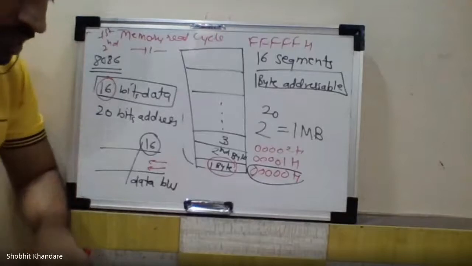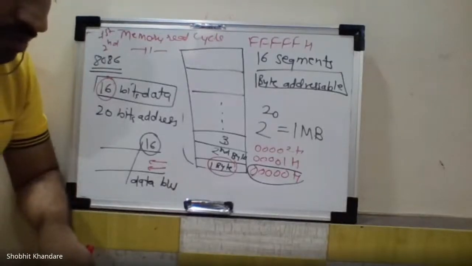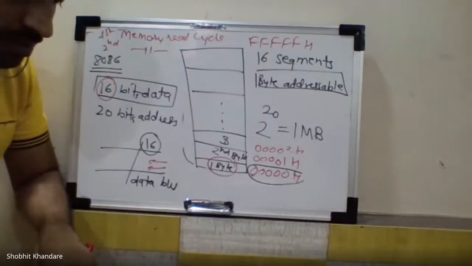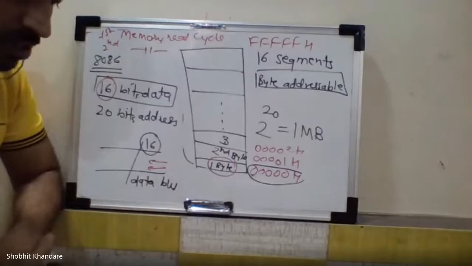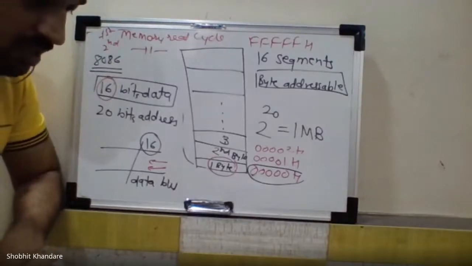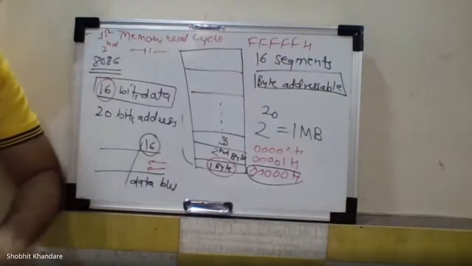I am repeating again. If we have total memory of 1 MB in one chip, 2 memory read slash write, memory read can happen and memory write can also happen. So 2 memory read or write bus cycles are required to access 16 bit of data.